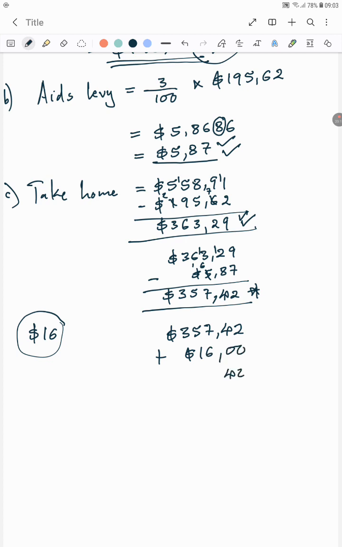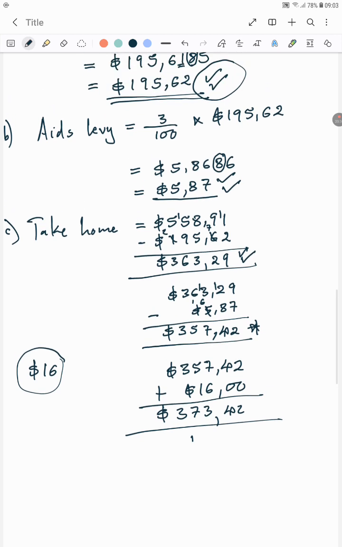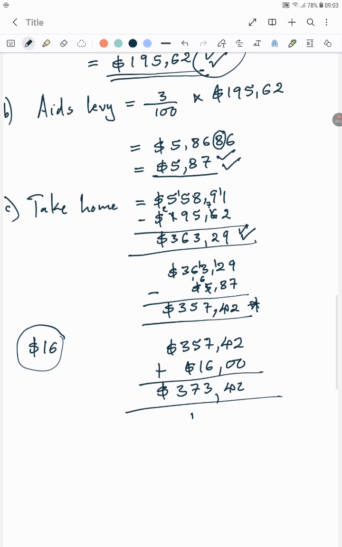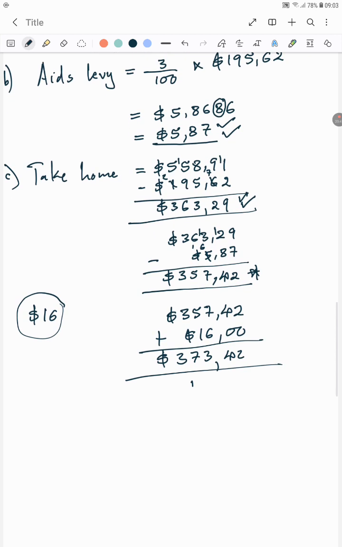So here we say 2, here this is 3, and here that's 7, 5, 3. So the take home salary is going to be $373.42 if we have done our calculations right.